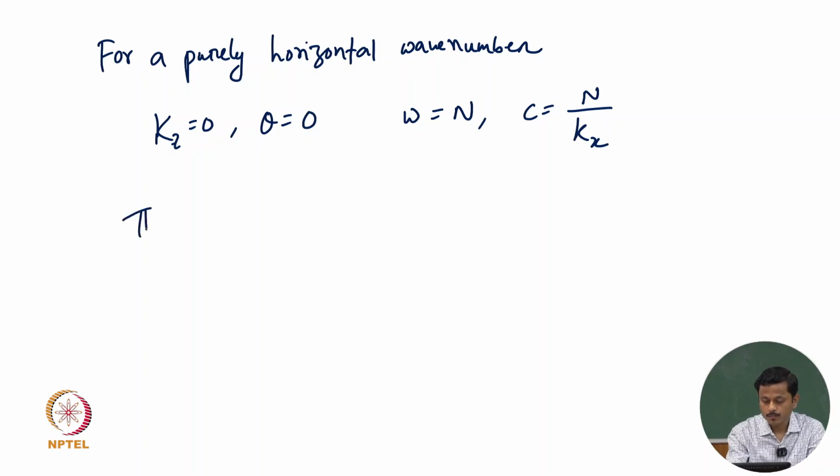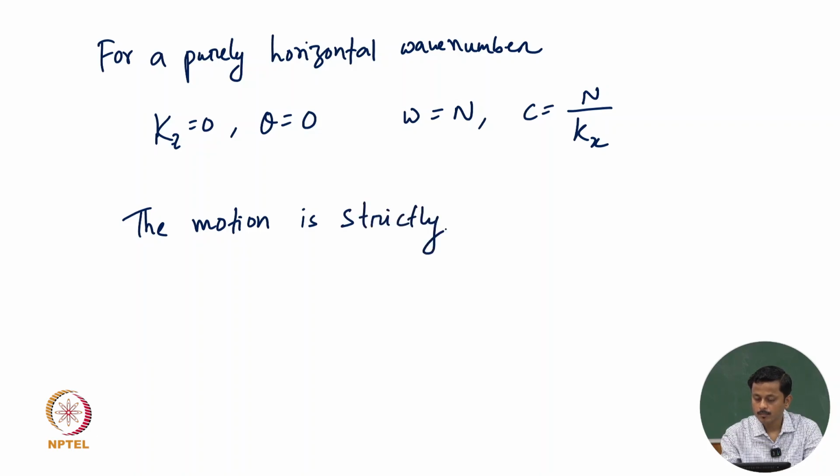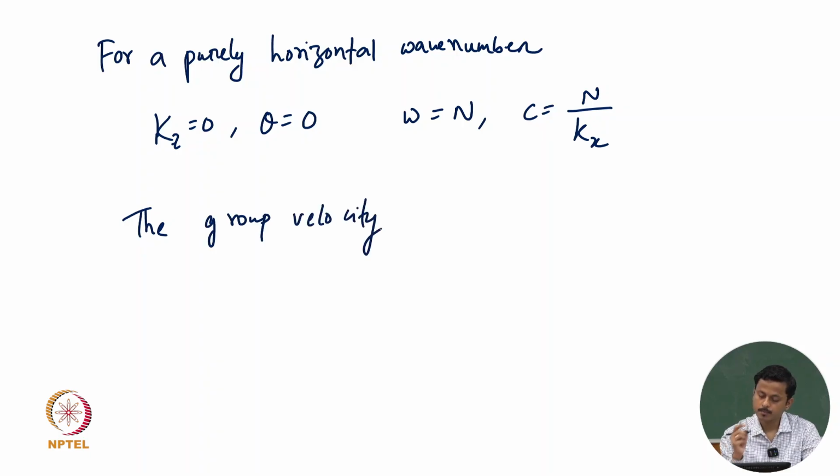That is the motion. The group velocity cgx equal to cgz is equal to 0, and energy does not travel.